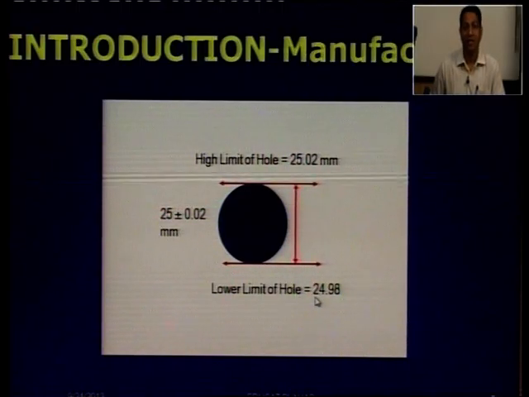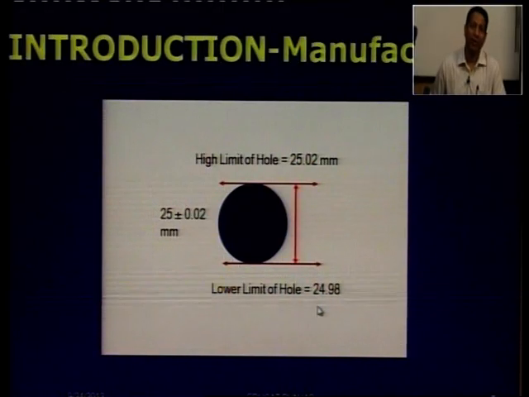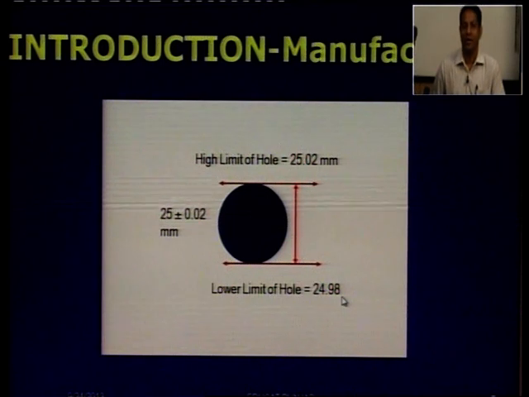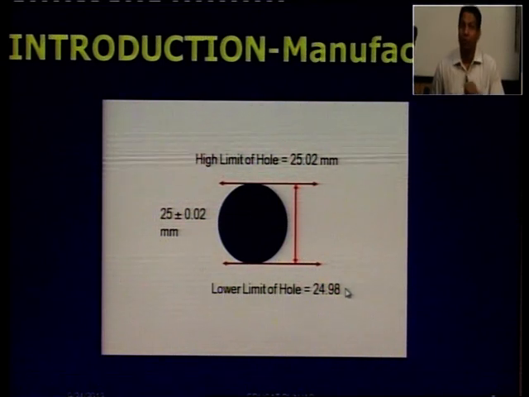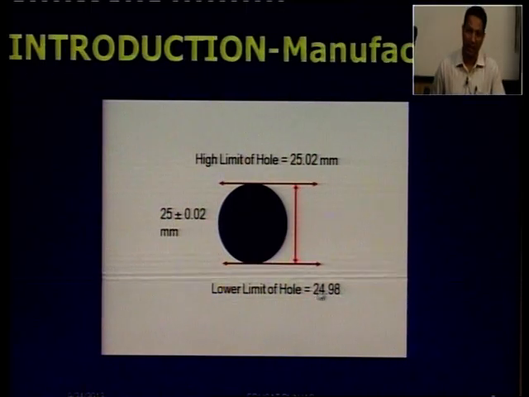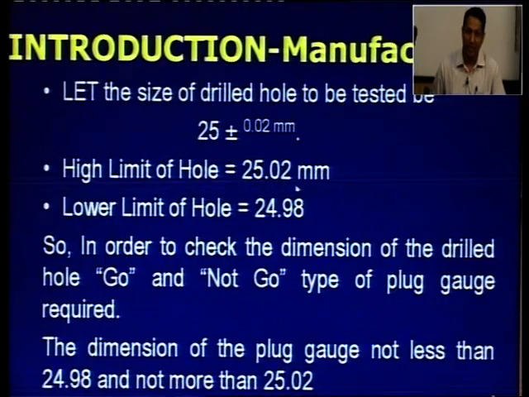Similarly, there is another gauge that is called go gauge. Go gauge means it should be 24.98. It should not be below 24.98, it should be above 24.98. That is called go gauge. So there are two gauges, two limits. One is the high limit of the gauge, 25.02 mm, and the lower limit of the hole is 24.98.